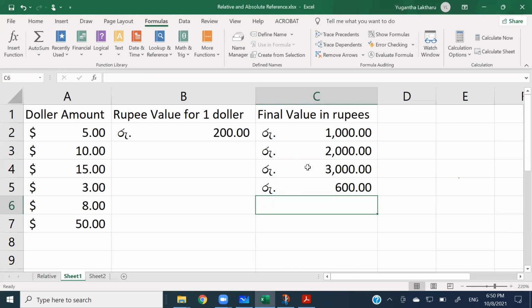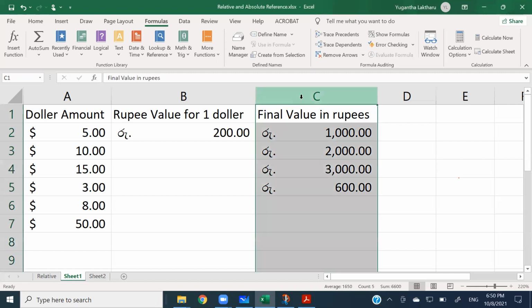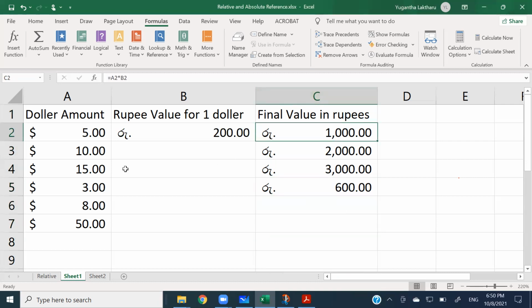Right? Now the problem is, writing a formula in each and every cell in this C column is possible when we have a few rows. With seven rows like this, we can write for the remaining two also and get the answer. Now think about this particular sheet having hundreds of rows.